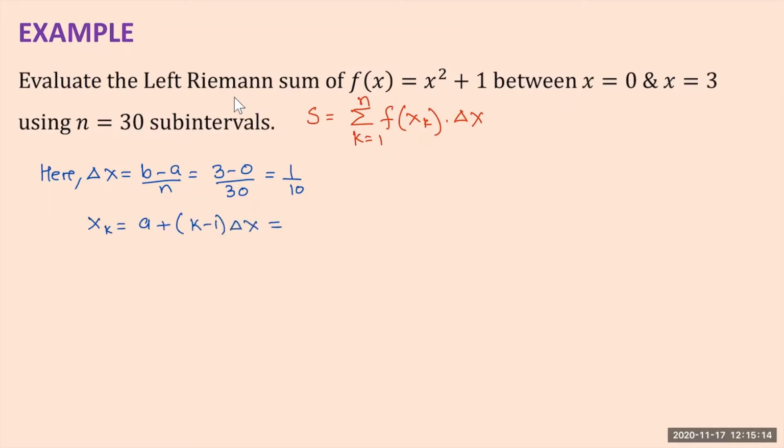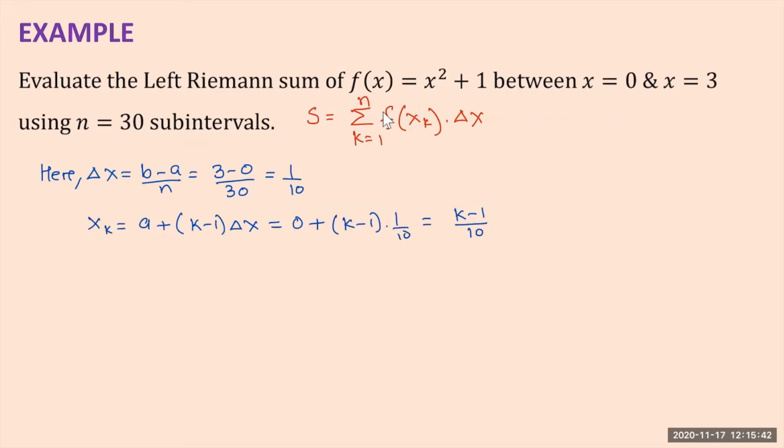So if I simplify this, a is 0, so 0 plus k minus 1 times delta x. Delta x is 1 over 10. So I get k minus 1 divided by 10, because k minus 1 times 1 over 10 is k minus 1 over 10. That is xk. So we have delta x, we got xk.